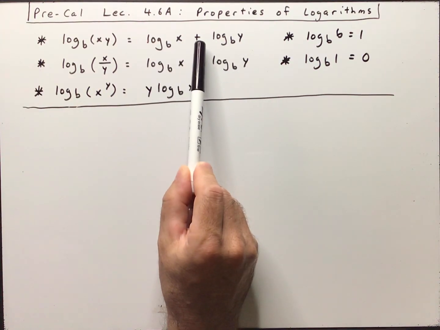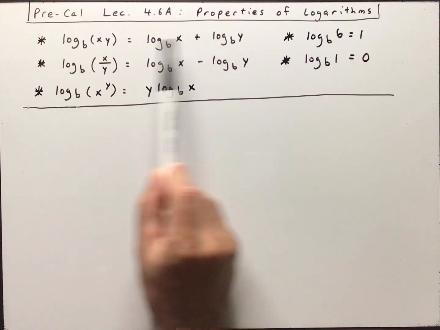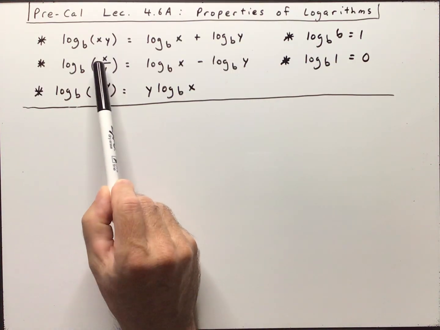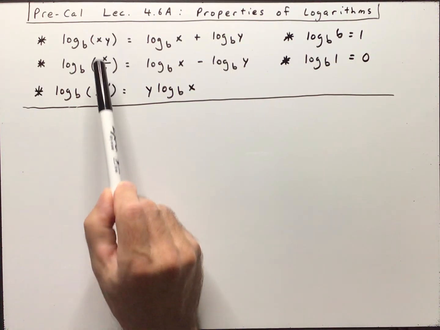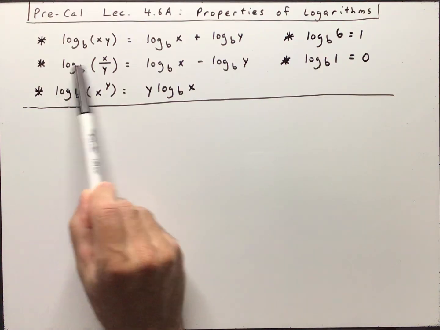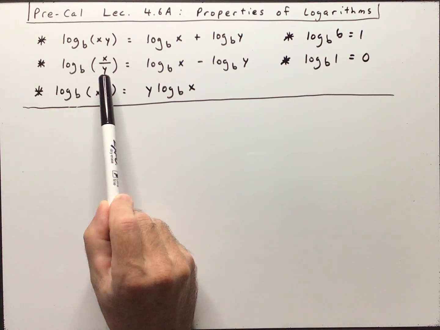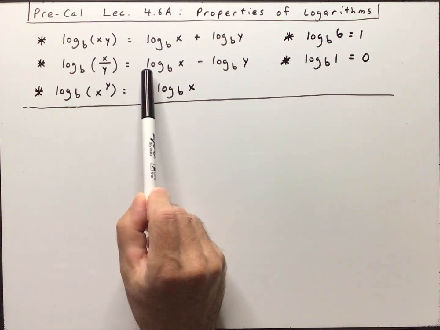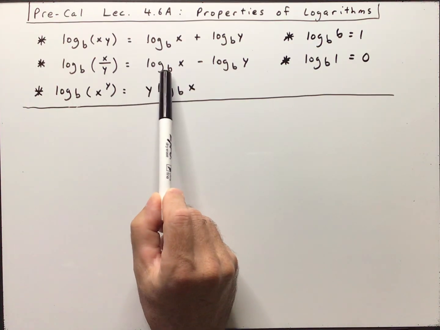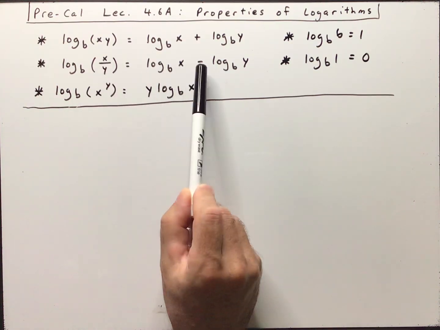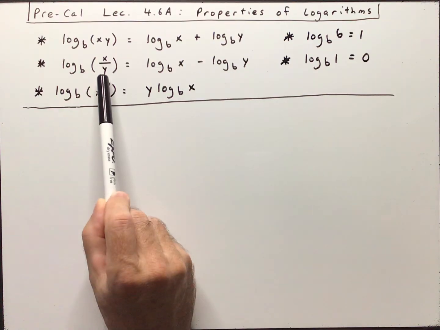So the sum of two logs is the same as the product of what's inside of what you're taking the log of. If you have a fraction inside the parentheses, it's the same as a difference. So you can expand that into log base b of x, the numerator, minus log base b of y, the denominator.